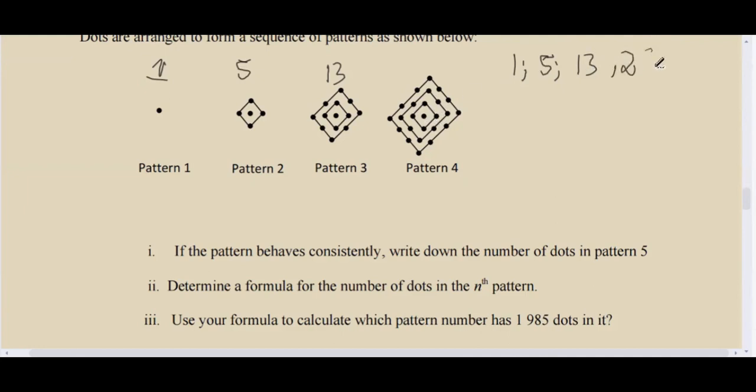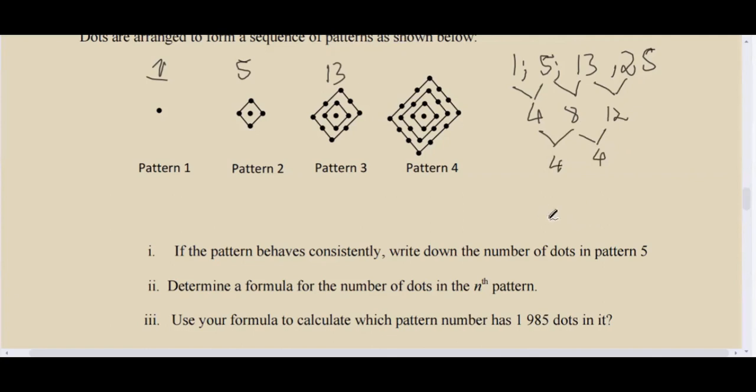Then let's check if we have a quadratic pattern. 5 minus 1 gives us 4. 13 minus 5 gives us 8. And 25 minus 13 gives us 12. So we can see that we are forming a quadratic pattern. Look at this, the second difference is consistent. There's a difference of 4, right?